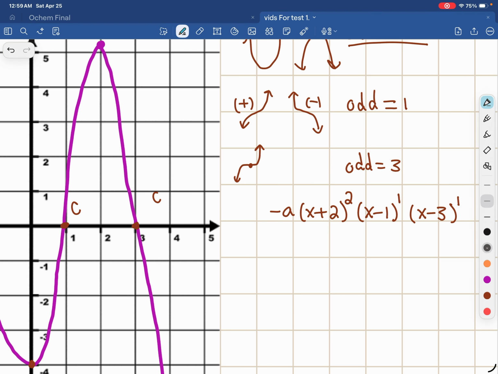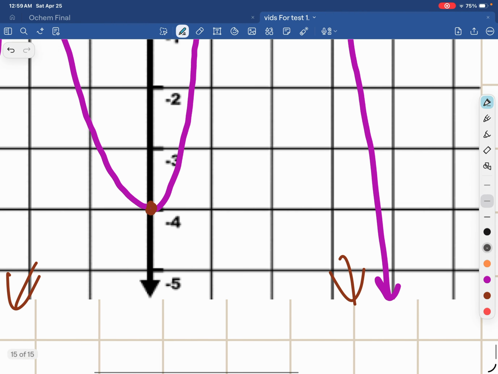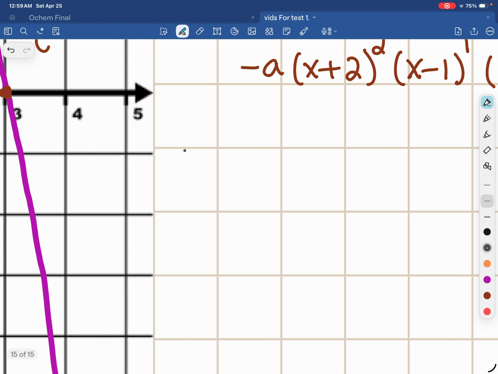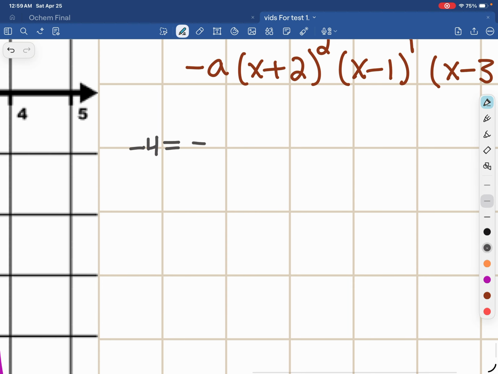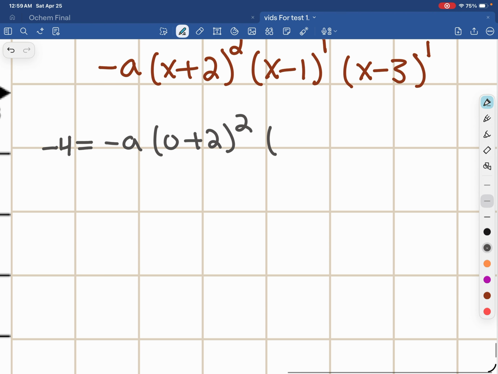So a good way that we can find our a value is we go to our y-intercept and we plug in our values. So we're going to have -4 is equal to -a times (0 plus 2) squared, (0 minus 1), because we're plugging in 0 for our x values, and (0 minus 3).